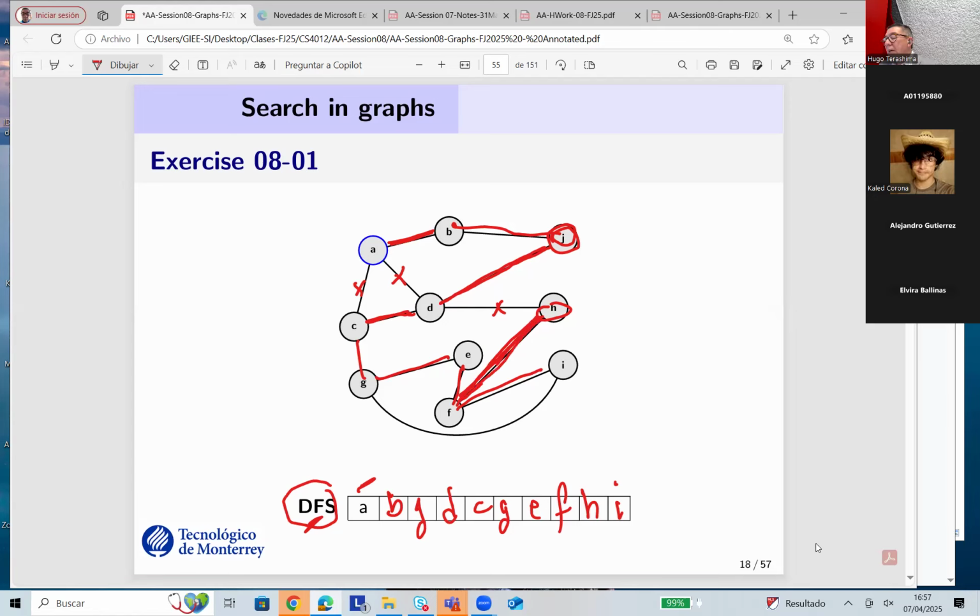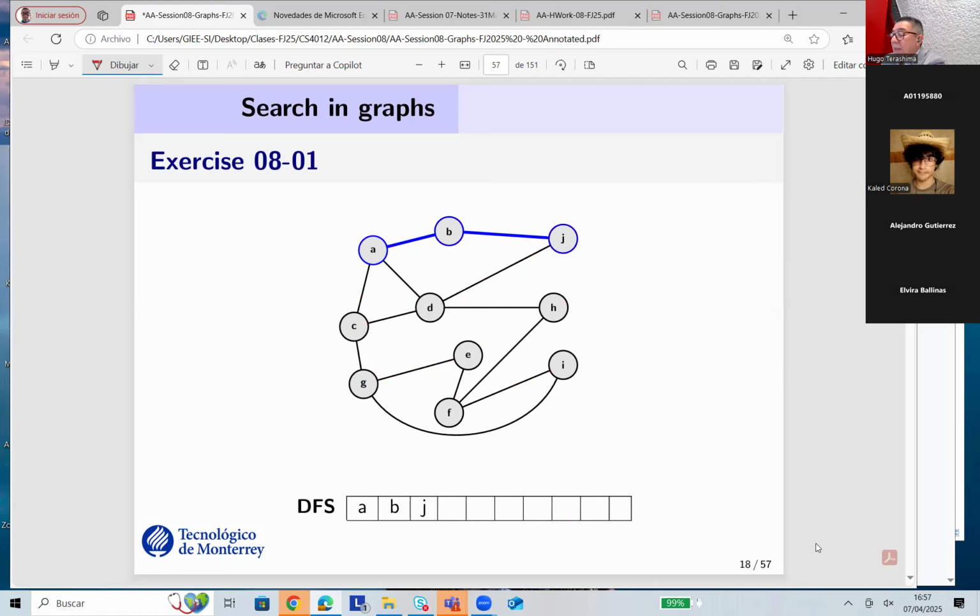I can backtrack, but I still have a path here to I. So that's the reason I visited H first and then I. So this is depth first. This is the way it works, the DFS for this graph in particular.